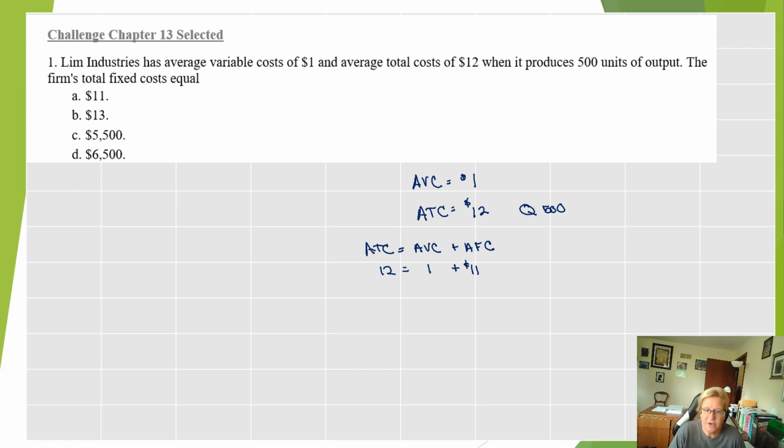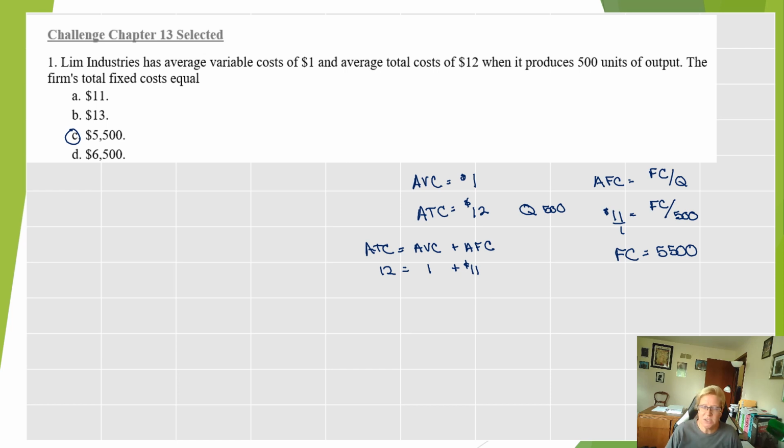So we know that average fixed cost equals fixed cost divided by quantity. Using the numbers that we just derived, average fixed cost is $11, which equals fixed cost, what we're solving for, divided by 500, because that's the quantity that we are at. If we cross multiply, we get fixed cost is equal to $5,500. So the right answer here would be C.